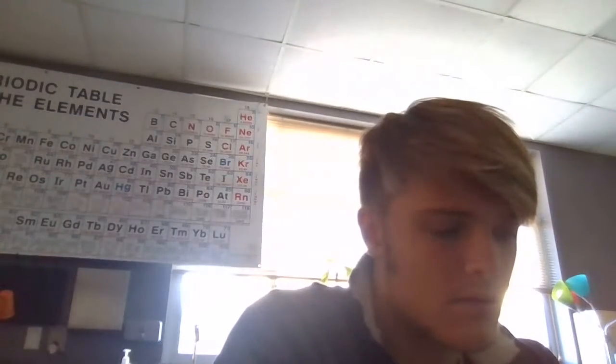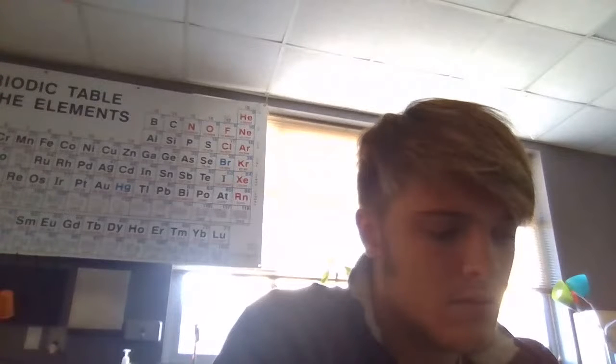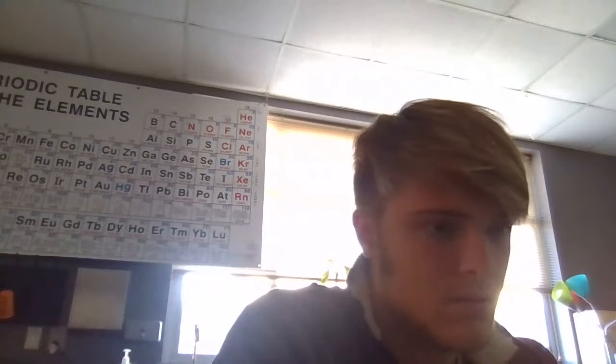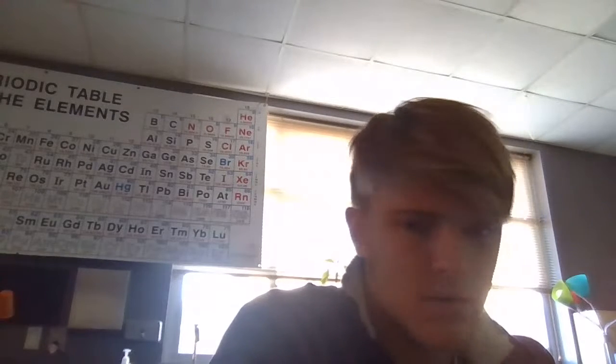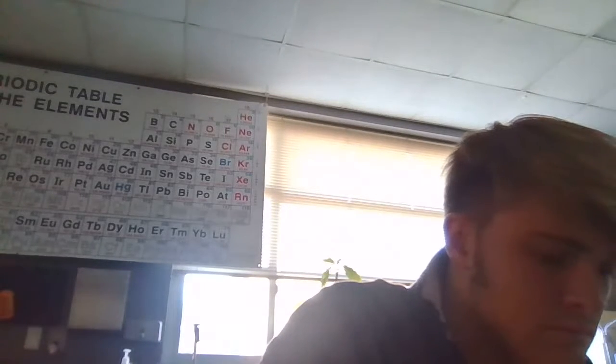Okay, so we're going to move on to calculating actual molecular formulas, and that's going to be on this page over here on the side. I'll give you the notes to take for this one. The molecular formula is the actual formula of the compound, and it's usually in multiples of the empirical formula. From these calculations, we have to figure out what the empirical formula is first.